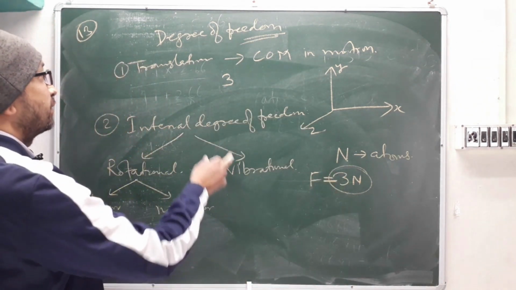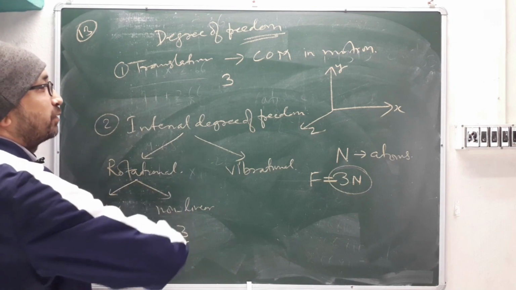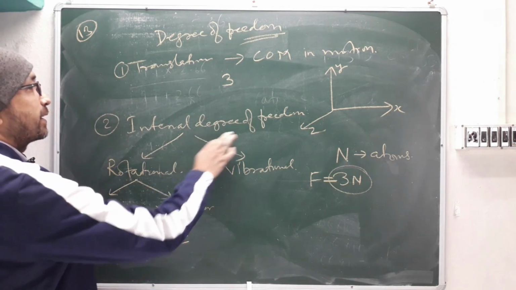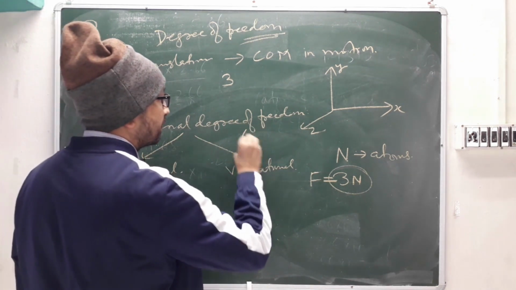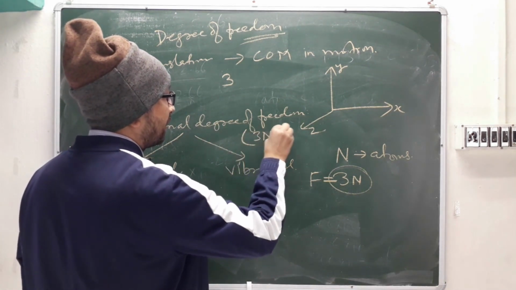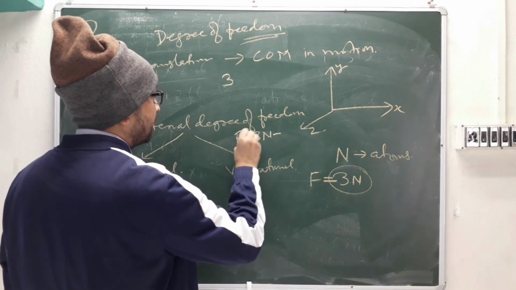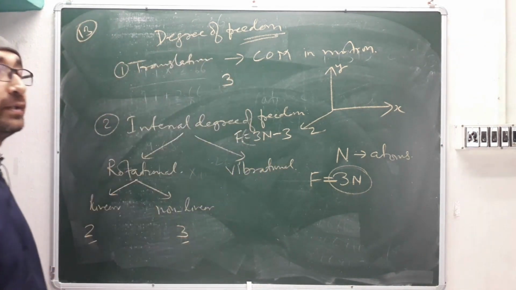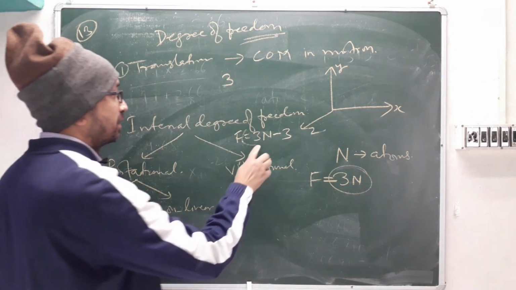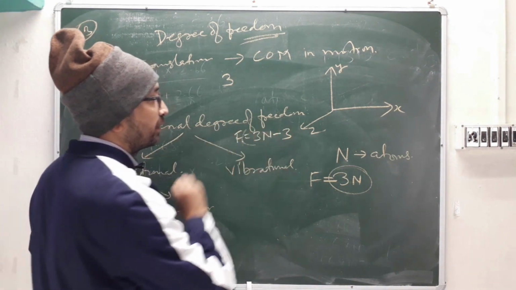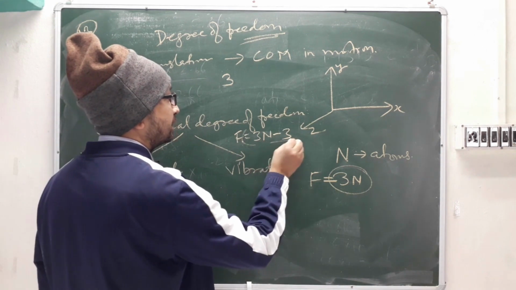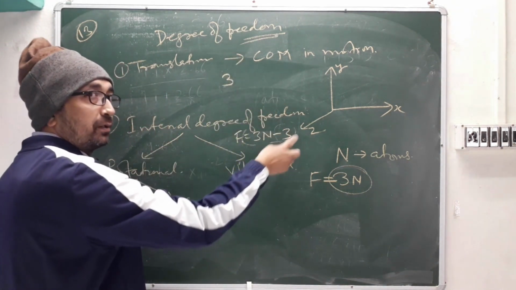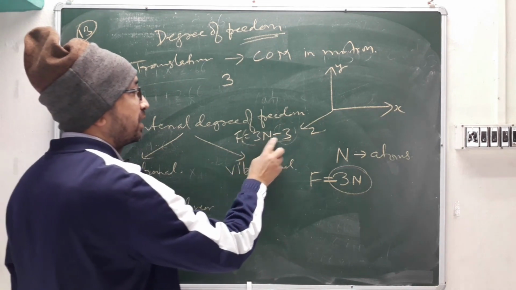Now if you are calculating the internal degree of freedom, you can say 3n minus 3, because you are just subtracting the translational degrees of freedom, so you have to cancel it out. So 3n minus 3.